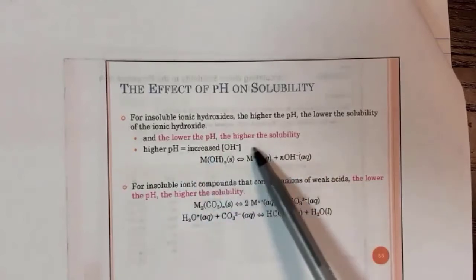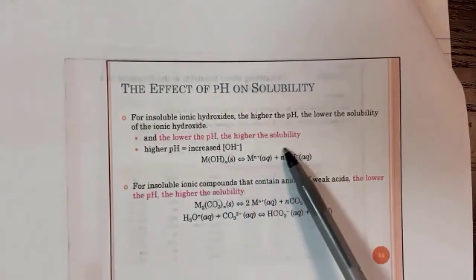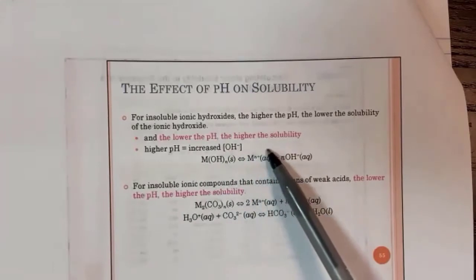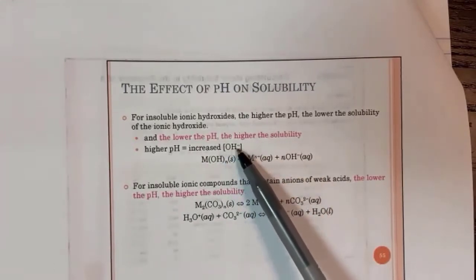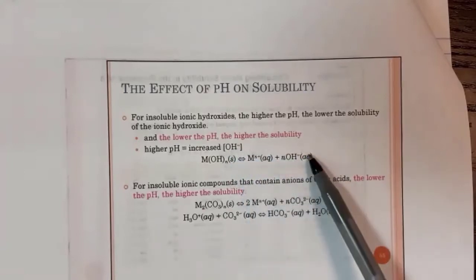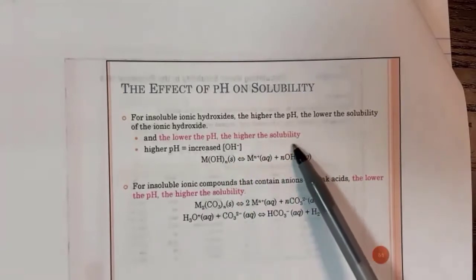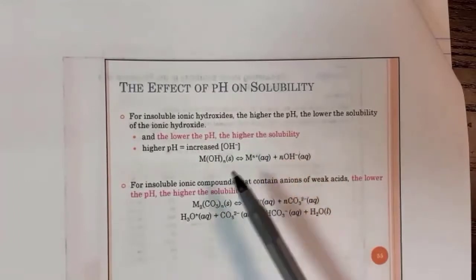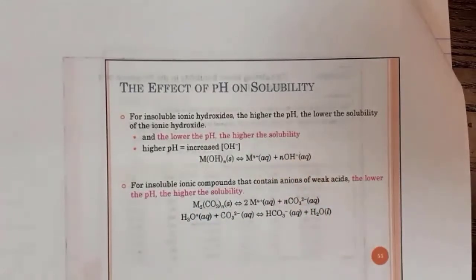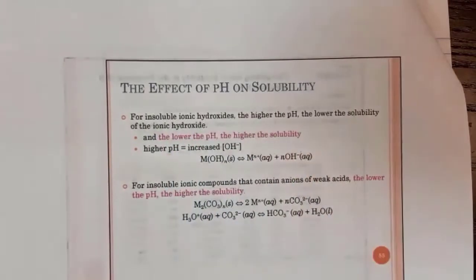So the reaction will shift to the right. So the lower the pH, the more soluble this thing will be. On the other hand, if you increase the pH, there's a lot more hydroxide. The presence of excess hydroxide is going to shift it to the left and make it less soluble. So pH does matter if you have insoluble hydroxides here.